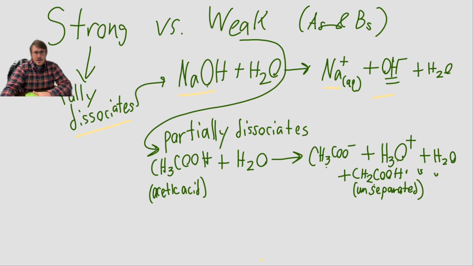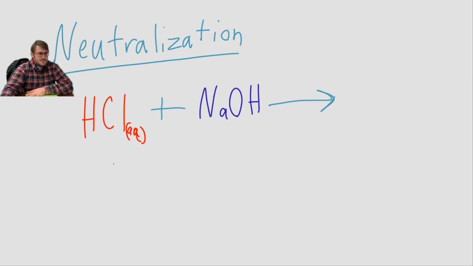Compare that to any weak acid or weak base, like acetic acid in water, which only partially dissociates, so that some of the CH3COOH produce their ion components, but also some remain unseparated. That means they partially dissociate. We're going to look at that in more detail tomorrow or in the next video, so make sure you understand that. You can go and rewatch it.